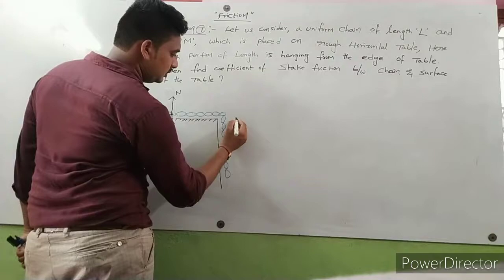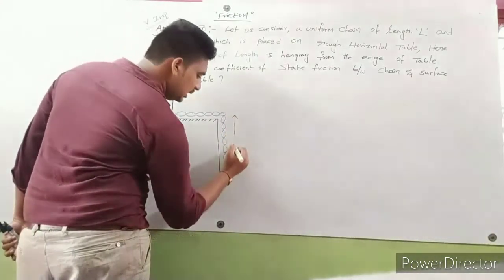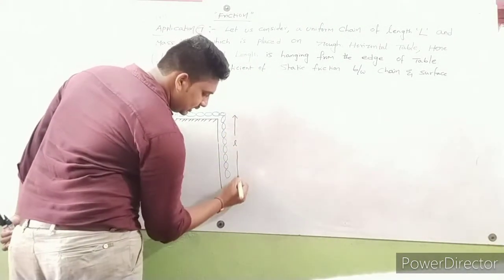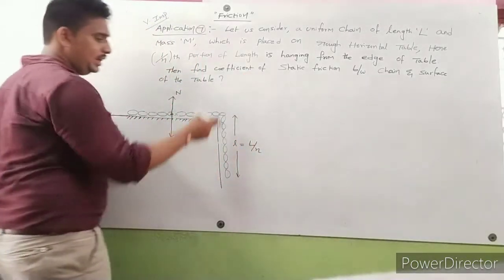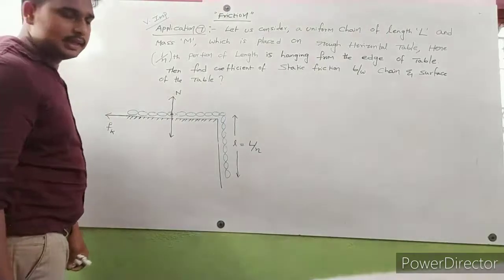Here, let us consider the length of the chain as capital L. The hanging length of the chain is L by n, indicated with small l, because 1 by nth portion is hanging.